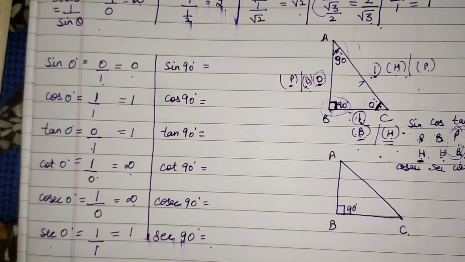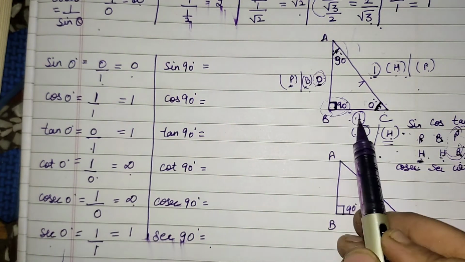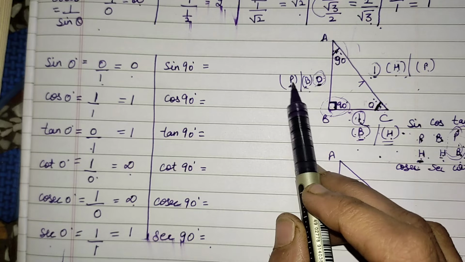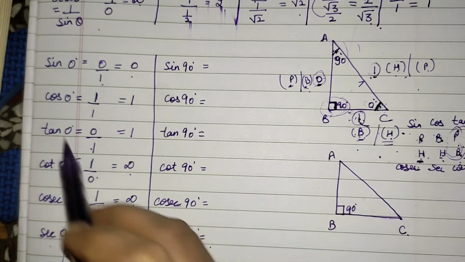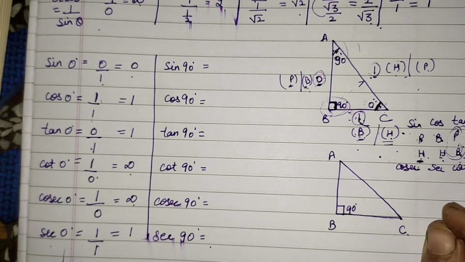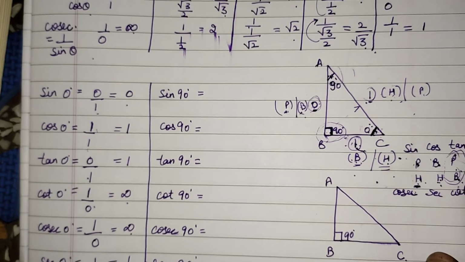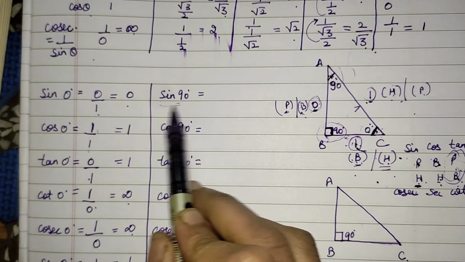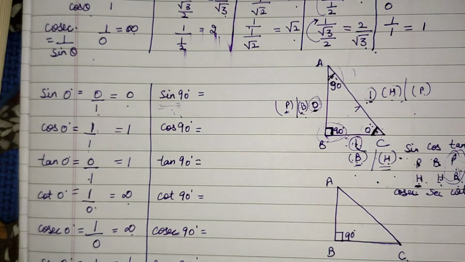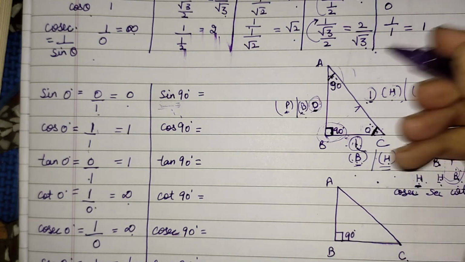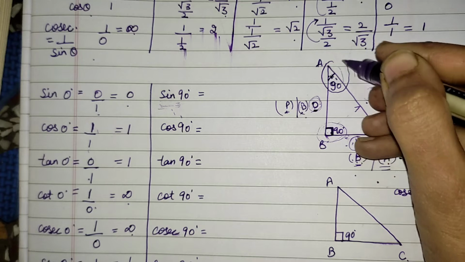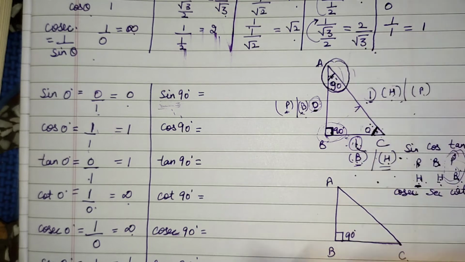So in the exam, if you have to find out any value, you will simply draw this diagram, find out which is perpendicular, base and hypotenuse, and calculate its value within a few seconds. Okay, so coming to the sine 90 part. This time I am going to make a little bit of change. This time I am going to imagine that this is my 90-degree angle.